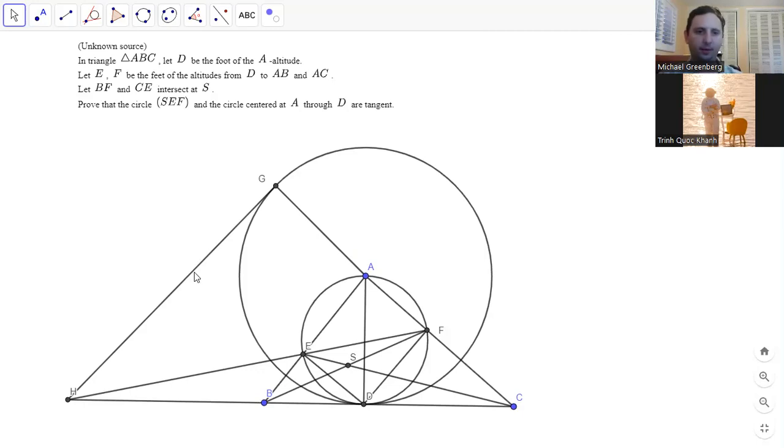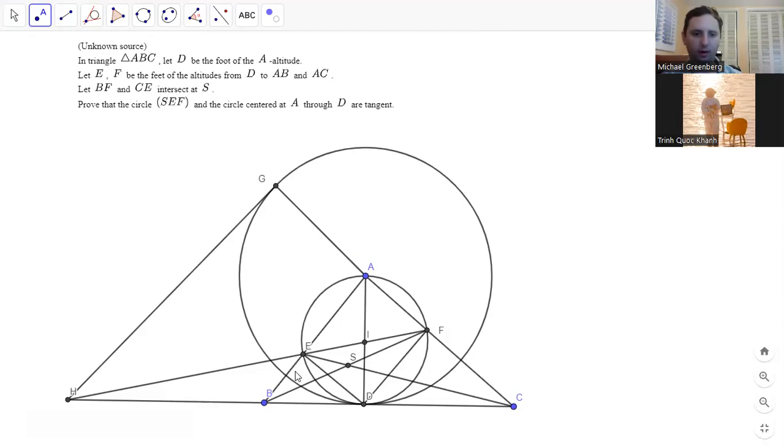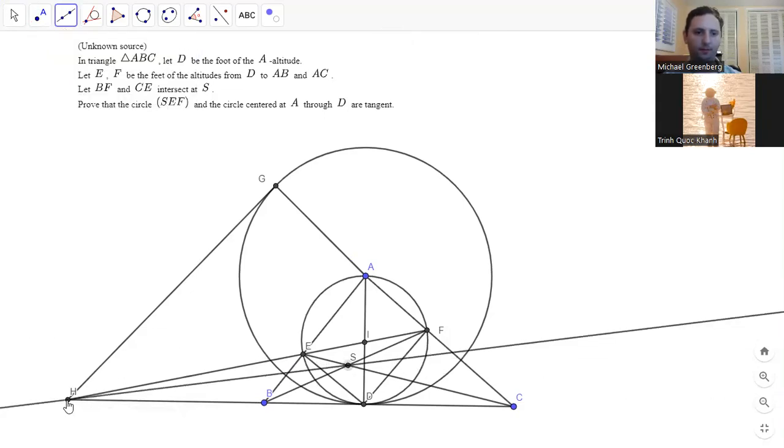Well, that's the same as saying that this cross ratio... saying that S lies on the polar of H. Oh, I would have to draw this line and show the cross ratio is 1.